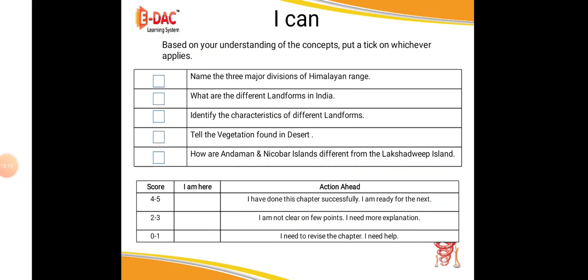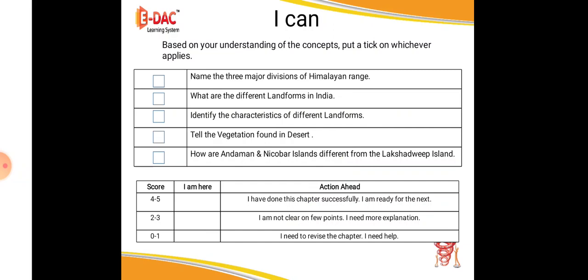I can. Now that we have successfully completed this chapter, let us assess what all we can do at the end of the chapter. Read the statements given below and put a tick in front of the statement that applies to you. For example, put a tick if you know the three major divisions of the Himalayan region.